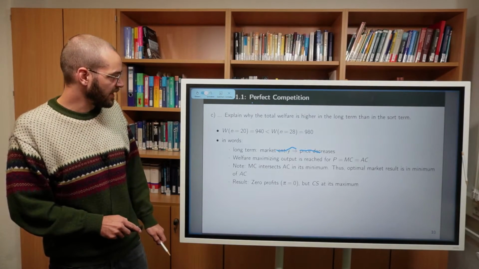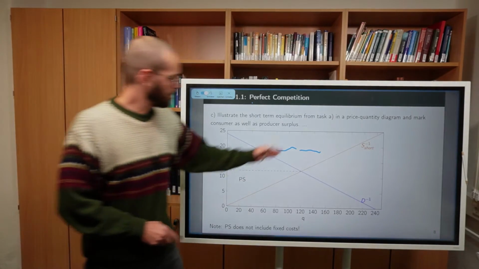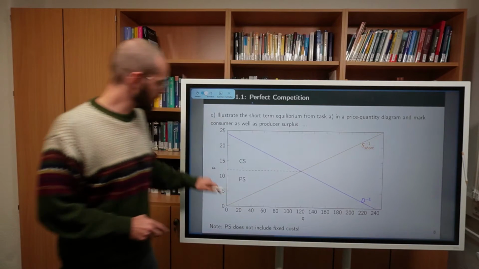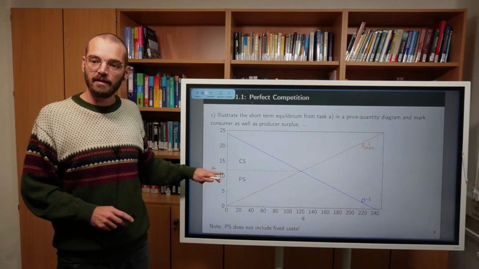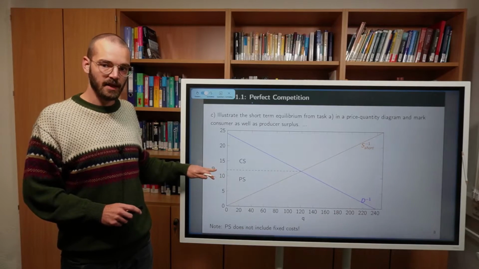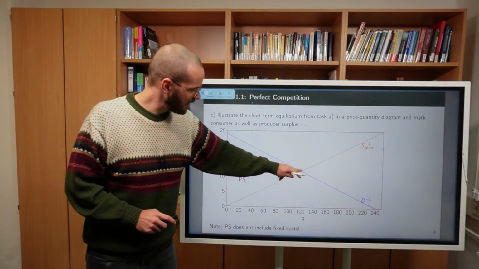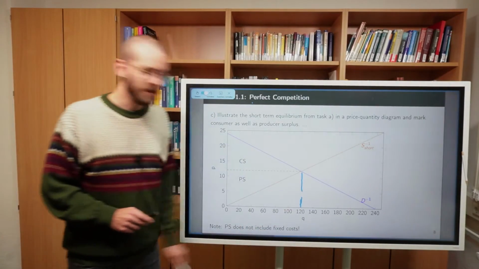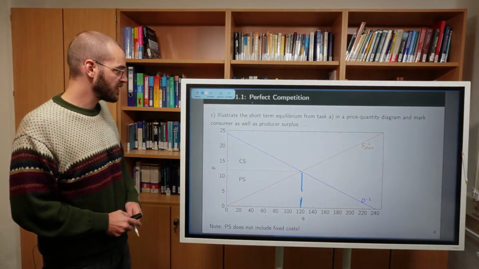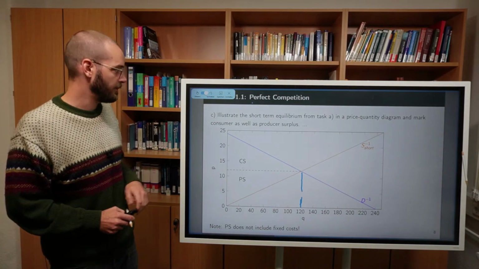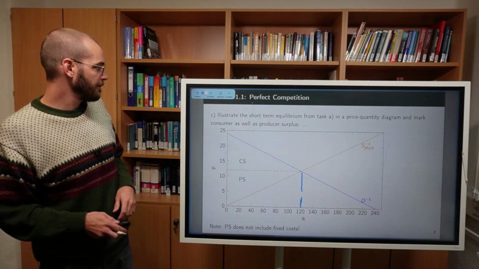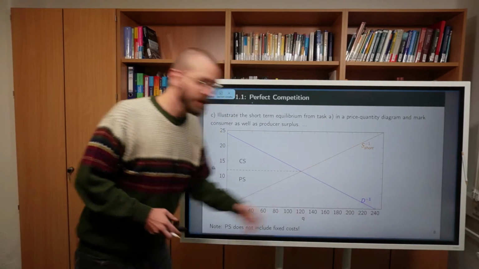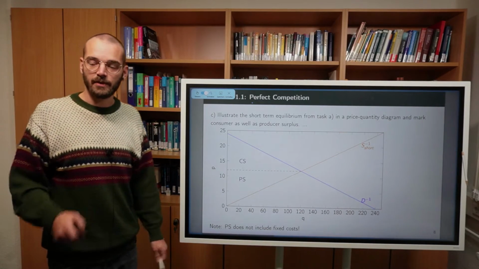So skipping ahead to our beautiful graphs, we can also mark the market equilibrium at a price of 12, and we can see that this, of course, comes with a quantity of 120. So this is the short-run equilibrium. Now, where do we find consumer surplus and producer surplus?